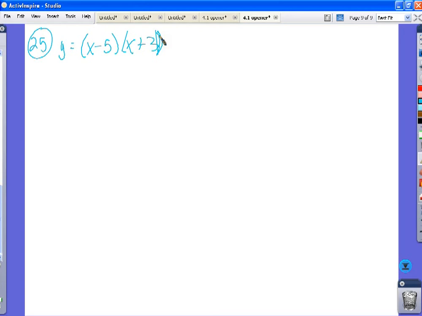X-intercept form, yeah. Because it's very easy to find the intercepts because we know that 5 will make 0 and negative 3 will make 0. But that's not the point here. The point is we want to take it from intercept form to standard form. Standard form is ax squared plus bx plus c.